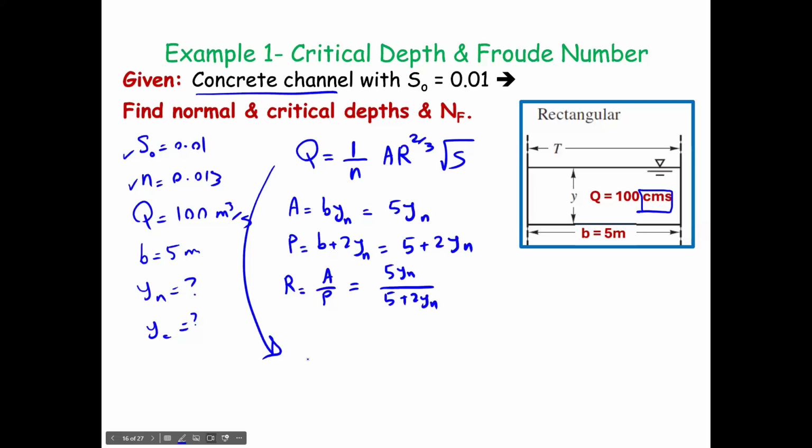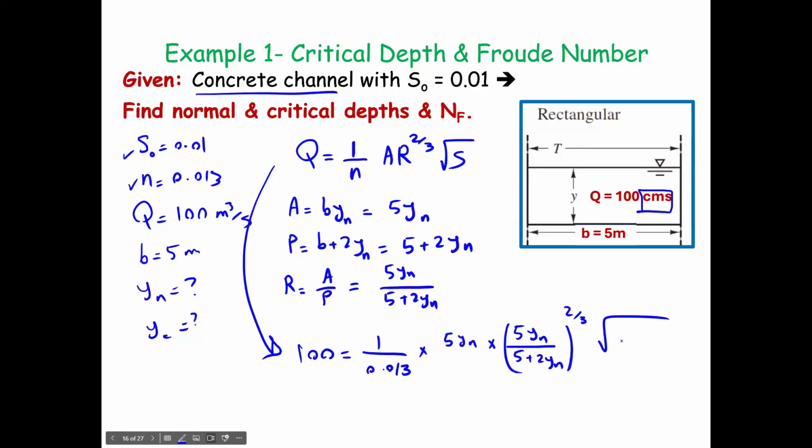Now 100 is here. Area is 5YN, multiplied by R, which is 5YN over P, and P is 5 plus 2YN, times the square root of S to the 2/3.